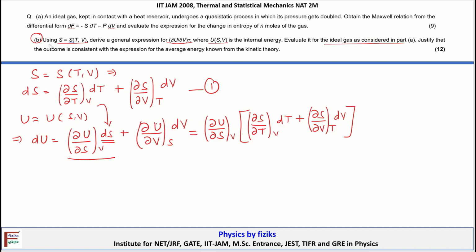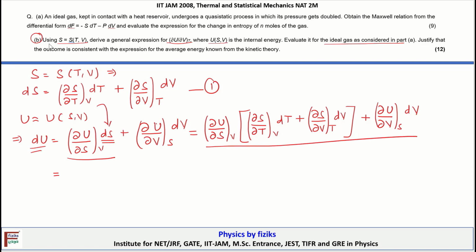Now the second term, plus (∂U/∂V) at constant entropy multiplied by dV. So from this equation we can rewrite it further: dU is equal to this entire expression.